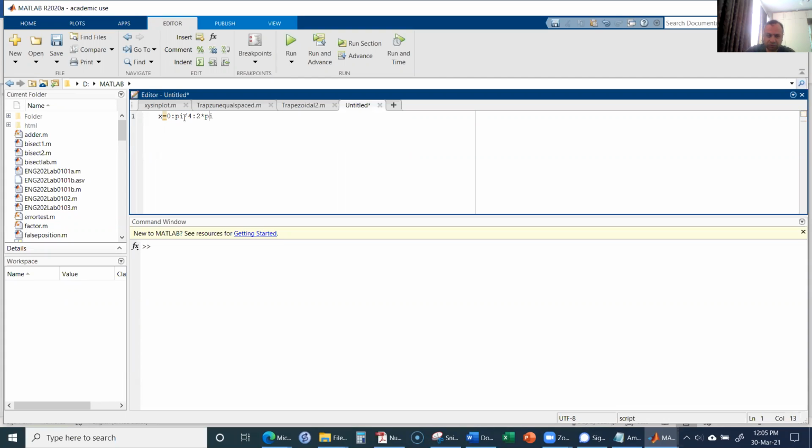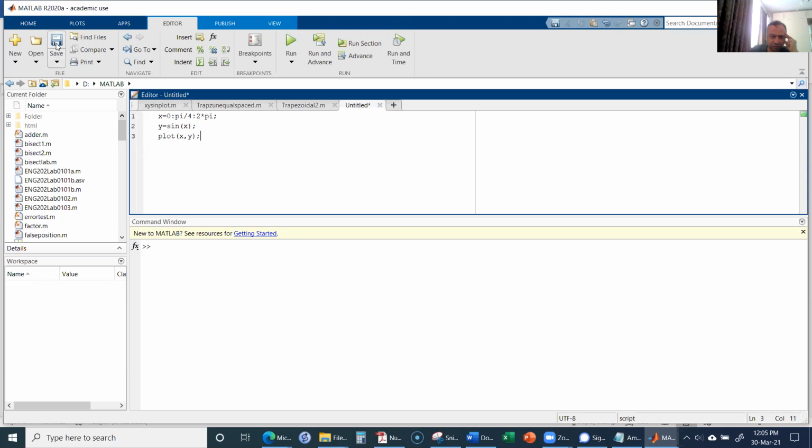So x values are 0, the next value is pi by 4, the next is pi by 2, and so on up to 2 pi. And then we have y values as sine of x. And then I can plot x versus y.